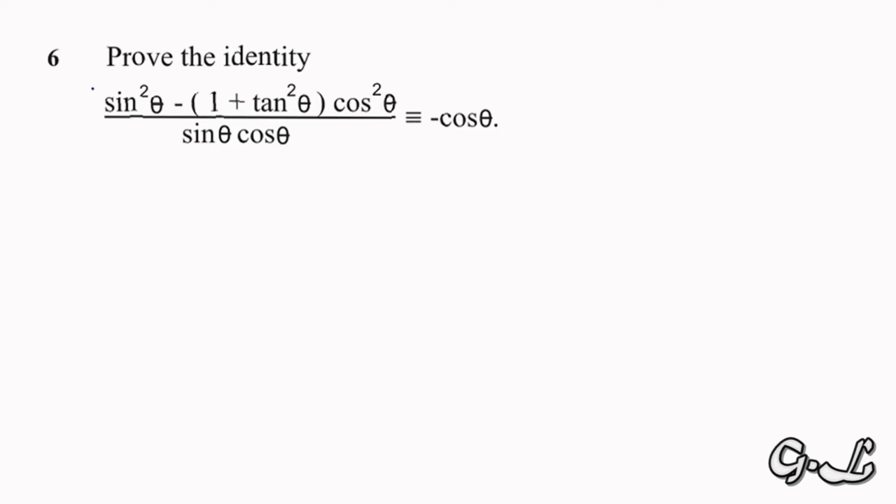Let's now try to get into the solving. This is the question that we're interested in today. It says prove the identity: sine squared theta minus open brackets 1 plus tan squared theta close brackets cos squared theta, over sine theta cos theta, is equivalent to negative cos theta.